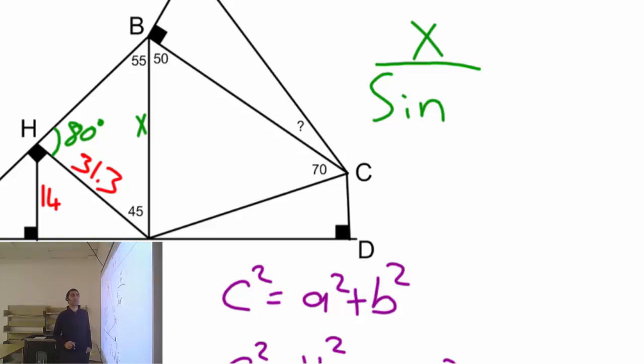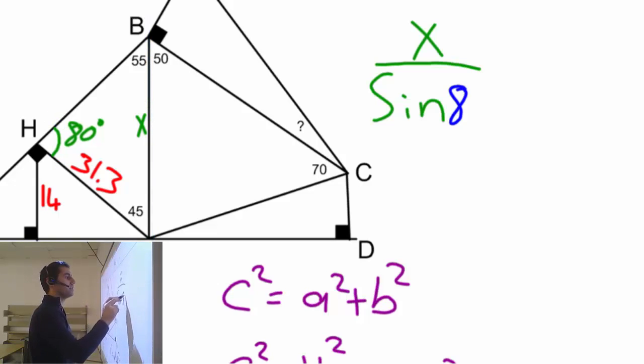The one angle that does not touch to the side X at all. And 55 does touch the X. 45 does touch the X. But 80 doesn't touch the side X. So that's the angle I'm looking for.